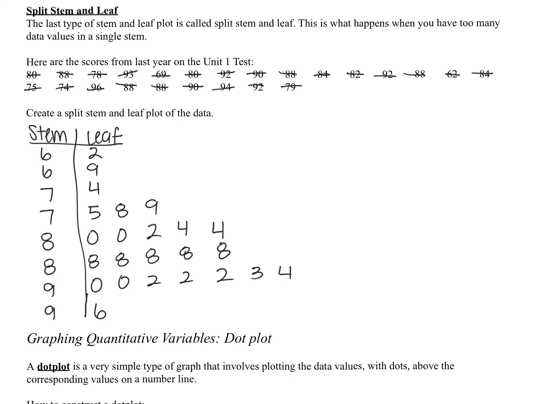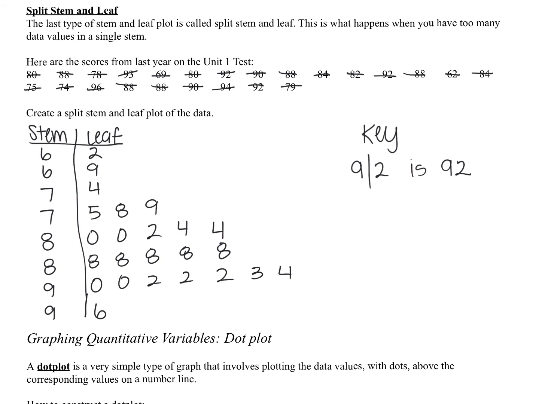So when we're creating a key, it's so that someone else, when reading it, can see what our stem and leaf plot represents without having access to our data. So I'm going to use that 9 bar 2 is the value 92. It is also important that you include units if the problem has them.